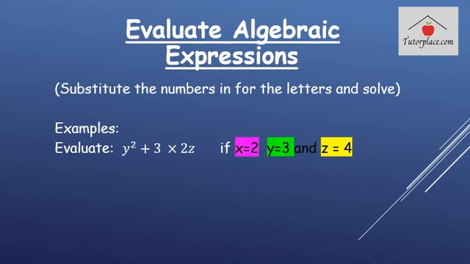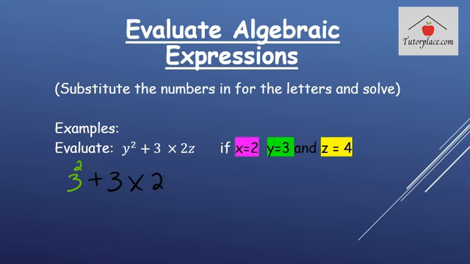Okay, I believe we have one more problem for us. So this particular problem, we have an exponent. So y to the second power. So y is 3, so 3 to the second power, plus 3 times 2.